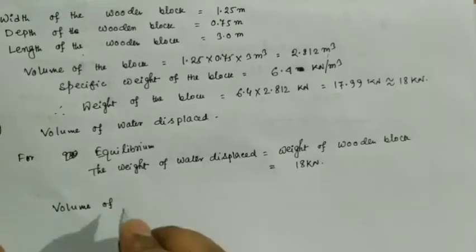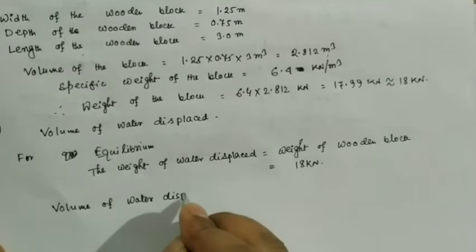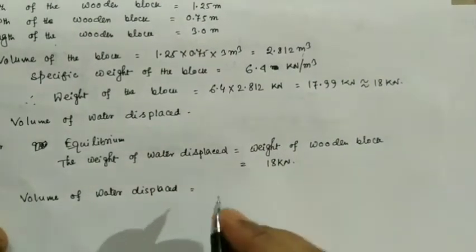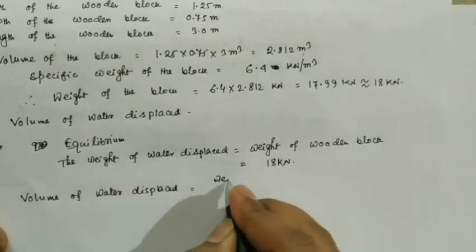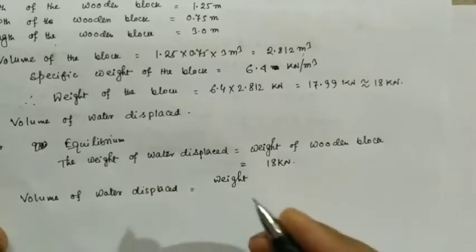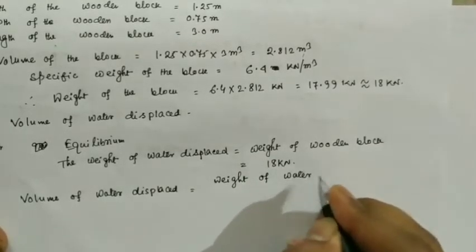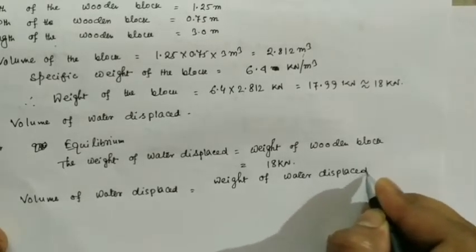Volume of water displaced will be the weight of the water displaced divided by the weight density of water.